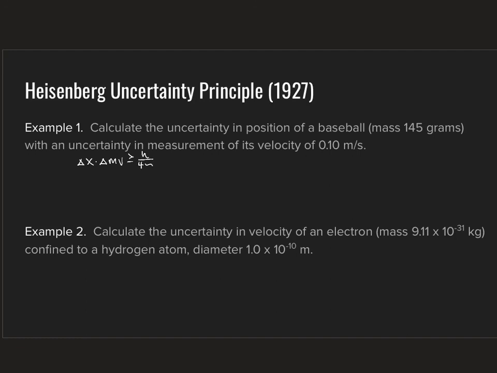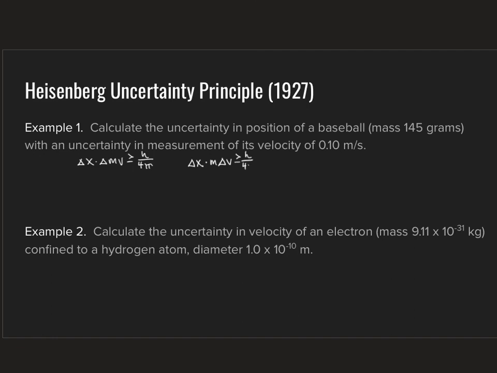We'll start again with the equation for Heisenberg's uncertainty principle: delta x, the uncertainty in position, times delta mv, the uncertainty in momentum, is greater than or equal to Planck's constant h divided by 4 pi. We've been given a measured mass of 145 grams, so if the mass is known, the uncertainty lies in our velocity.